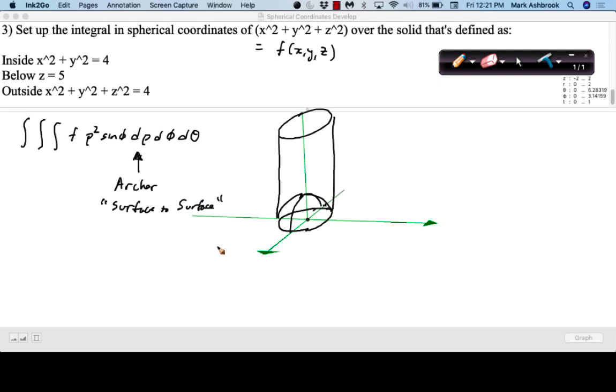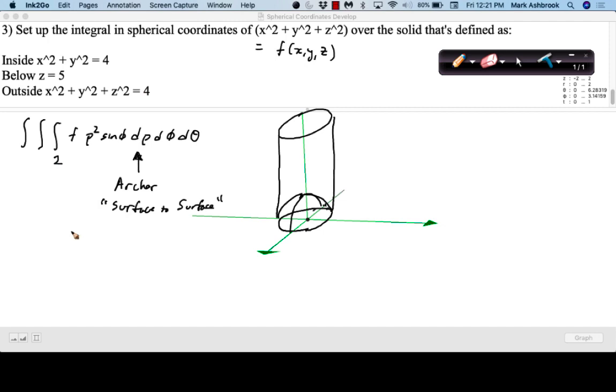The sphere? Does it always enter into the solid through the sphere? Yes. Okay. And so that would be rho equals what? 2. So that sphere, x squared plus y squared plus z squared equals 4, is the same as rho squared equals 4, and that's a sphere of radius 2.